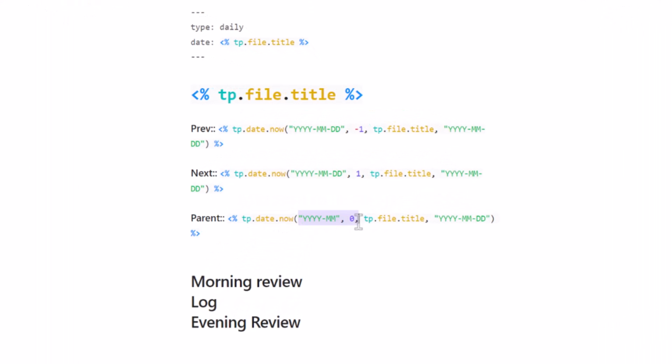Give me the month of TP date now, 0 days from now. And we want it in the format of year, month, day. So it's just telling you how to look up the TP date now. To be honest, I'm not exactly sure what everything means exactly. I just play around until I find something that works. This works. Okay, let's close it down with a %, greater than sign.